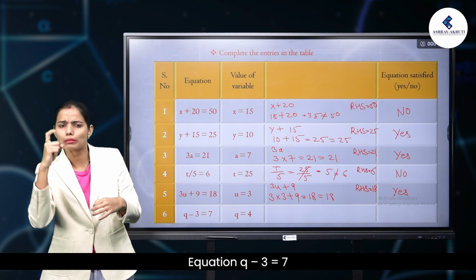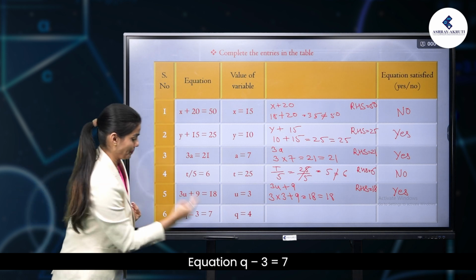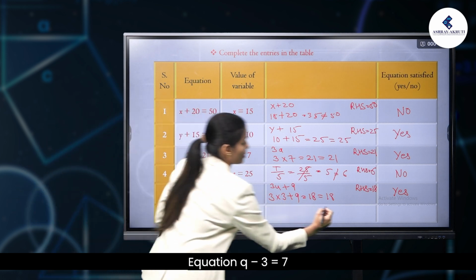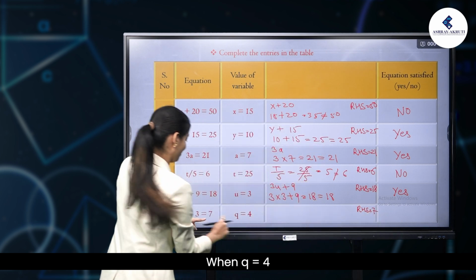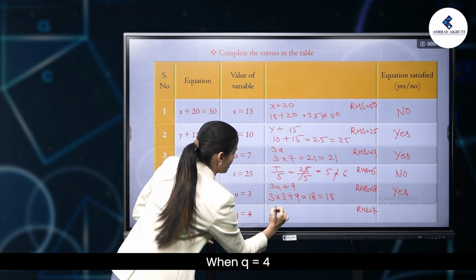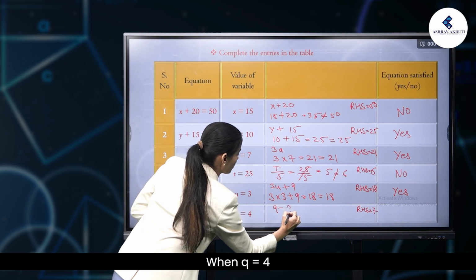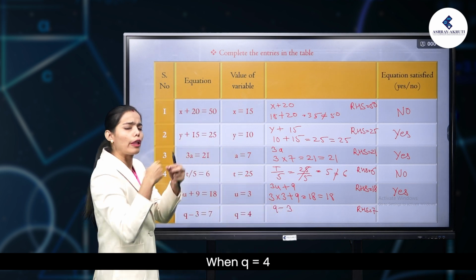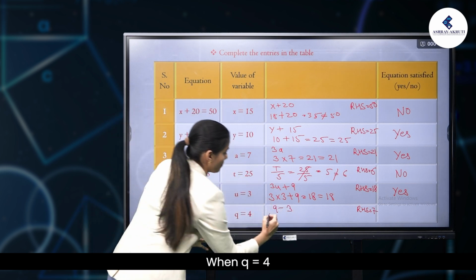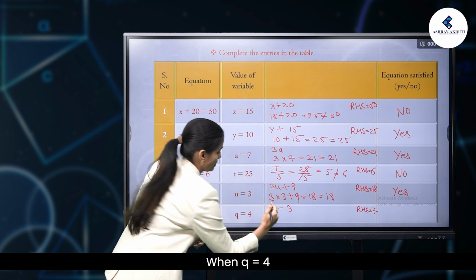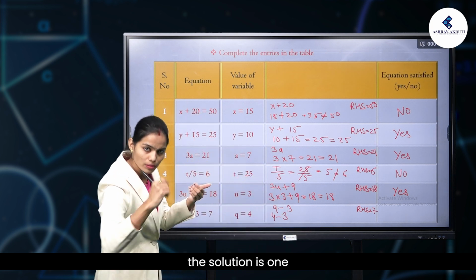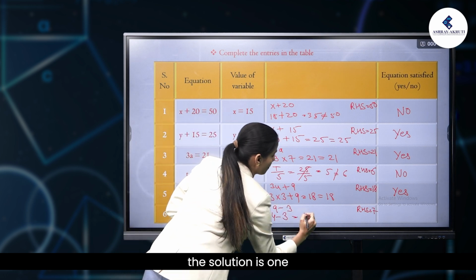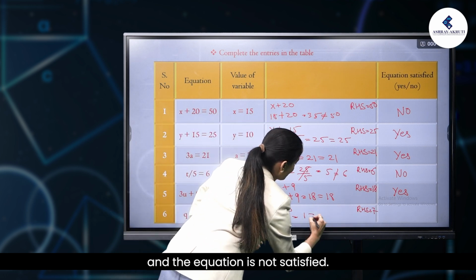Equation q minus 3 is equal to 7, when q is equal to 4, the value is 1 and the equation is not satisfied.